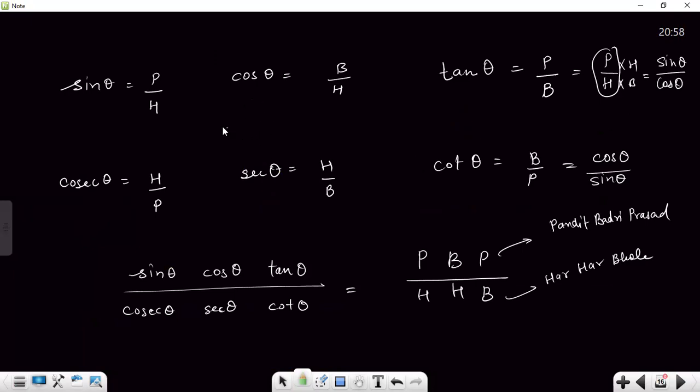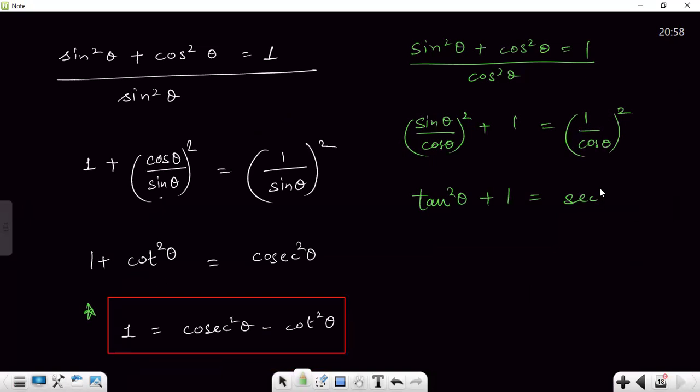Let me also write here that sec theta is 1 by cos theta, cosec theta is 1 by sin theta, and tan theta is equal to 1 by cot theta. Nice. So this is sec theta, whose square is sec square theta.